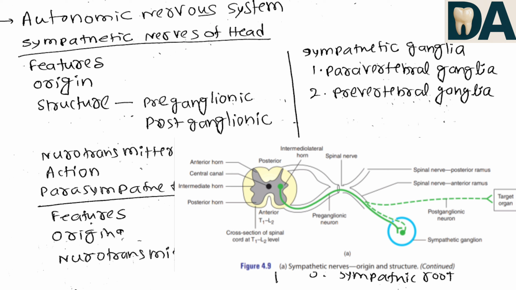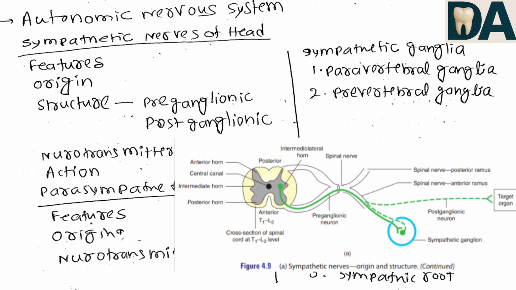Later they join either the paravertebral or prevertebral ganglia through the communicating rami. Neurotransmitter: adrenaline and noradrenaline are the neurotransmitters involved at the nerve endings of the sympathetic nerve.